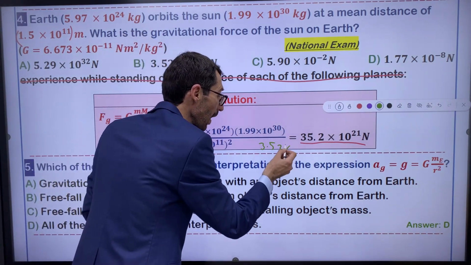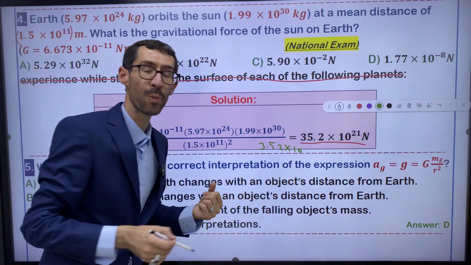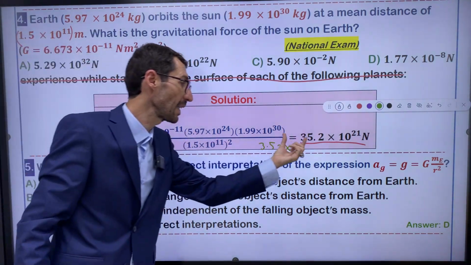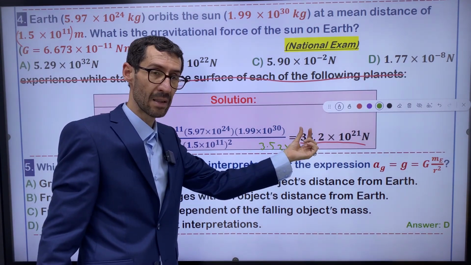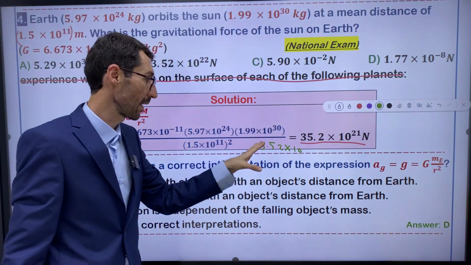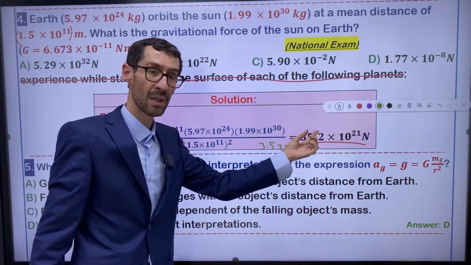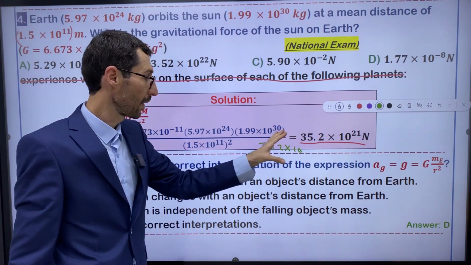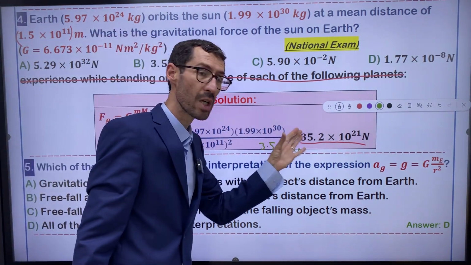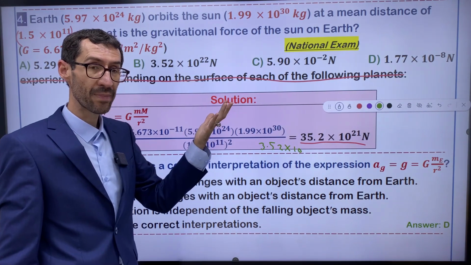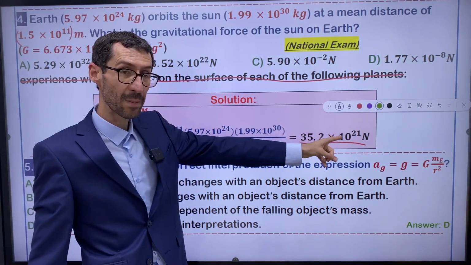That's why I have to change the exponent as well, because any change that takes place in the coefficient should take place in what?